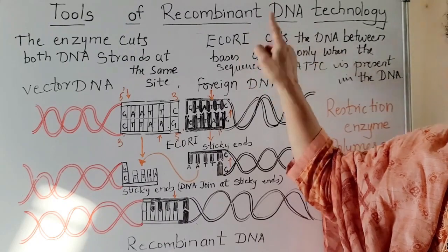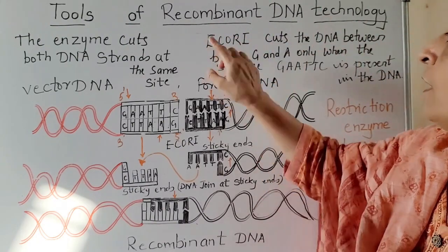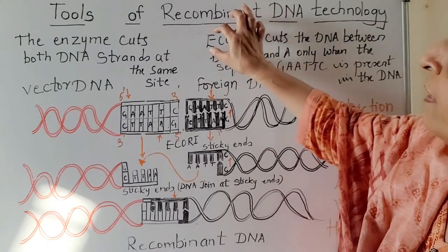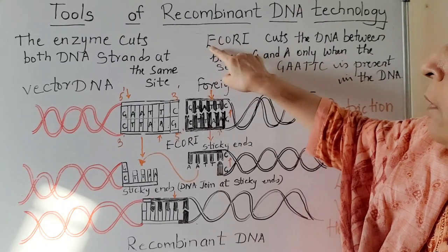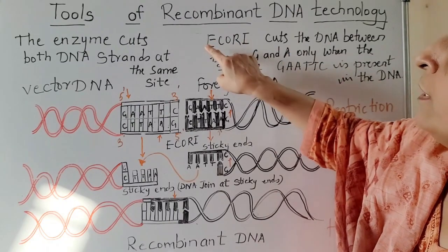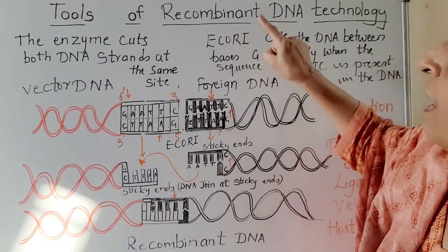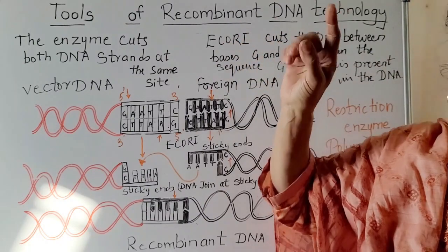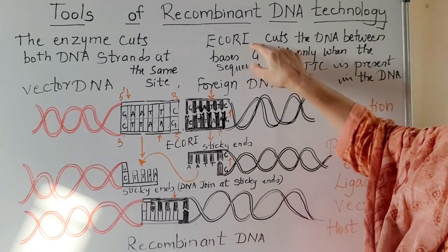So this is the first Escherichia coli R enzyme. This is how the names are given to restrictive enzymes from the bacteria from which they have been taken out: the genus, species, strain, and then the Roman number 1, 2, 3, whatever is given. So this is number 1.